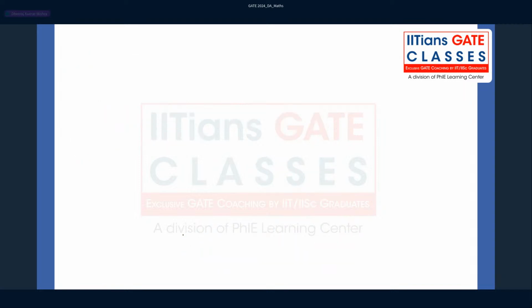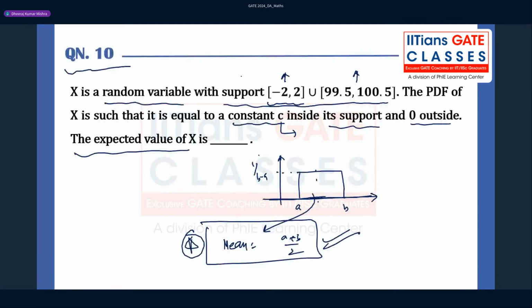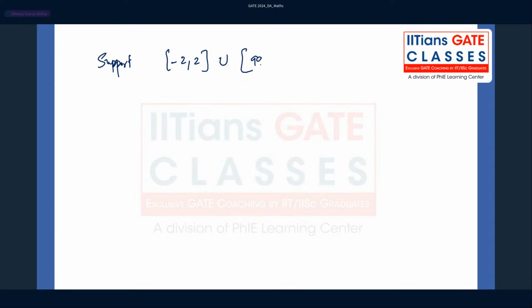So the support, let me write, is (-2, 2) union (99.5, 100.5). So what is the mean of this? The expectation of x, that is called the mean of the random variable x, is going to be equal to, what is the mean of this, guys? Mean of -2 and 2, what will it be?